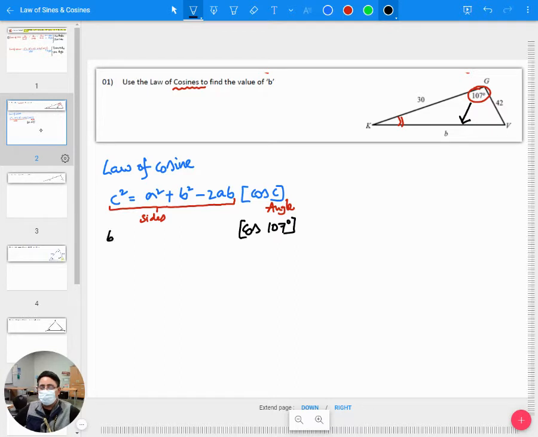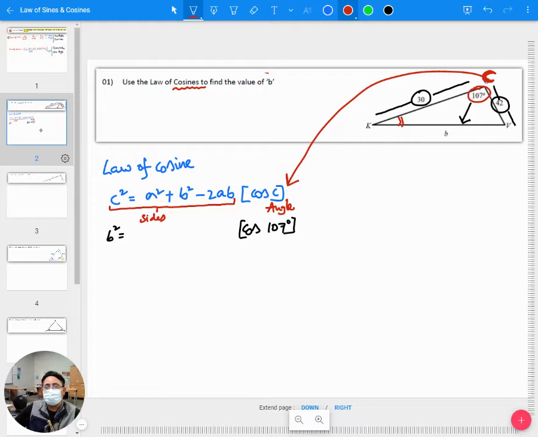Therefore, b square equals, let me consider the other two sides as a and b. In the place of lowercase c, I am taking the side opposite to this angle, and the other two sides I am assuming as a and b.